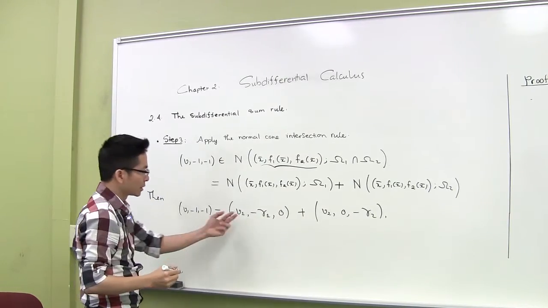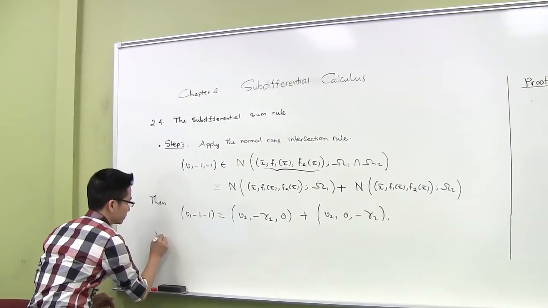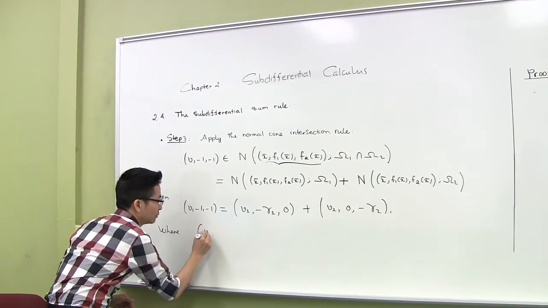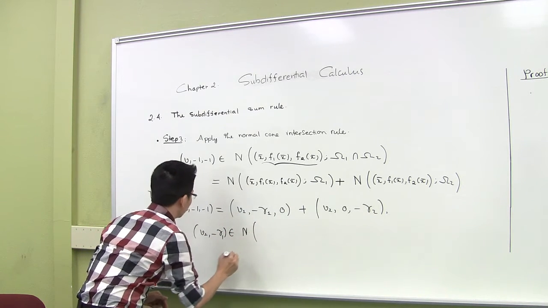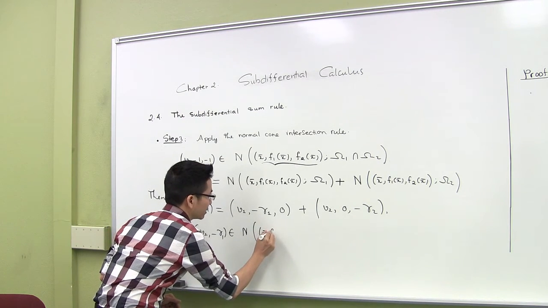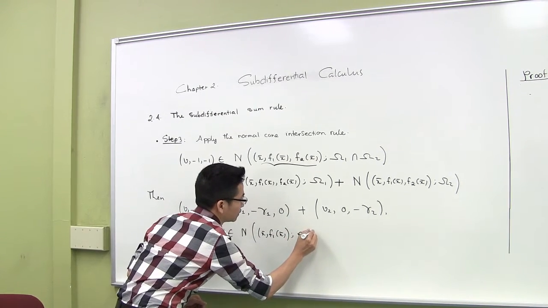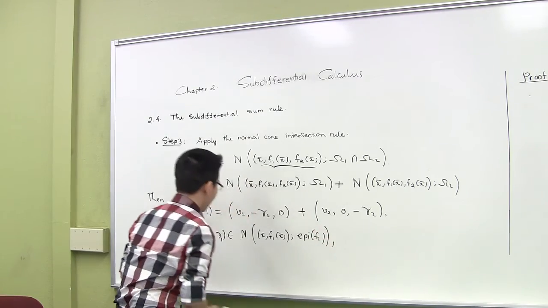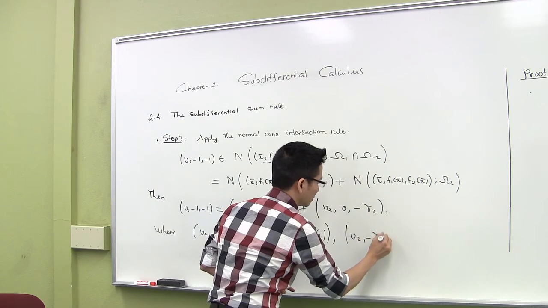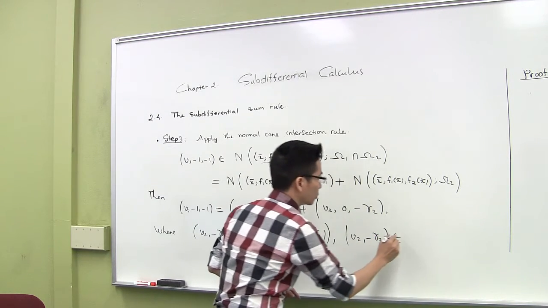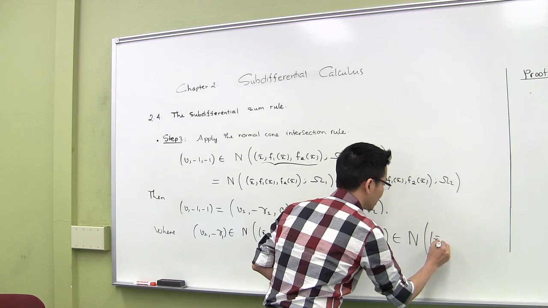And over here, because of the structure of omega 1, we have the following, where V1 minus gamma 1 belongs to the normal cone to the epigraph of the first function at x1, f x1. Okay, and over here V2 minus gamma 2 belongs to the normal cone to the epigraph of the second function at this point.